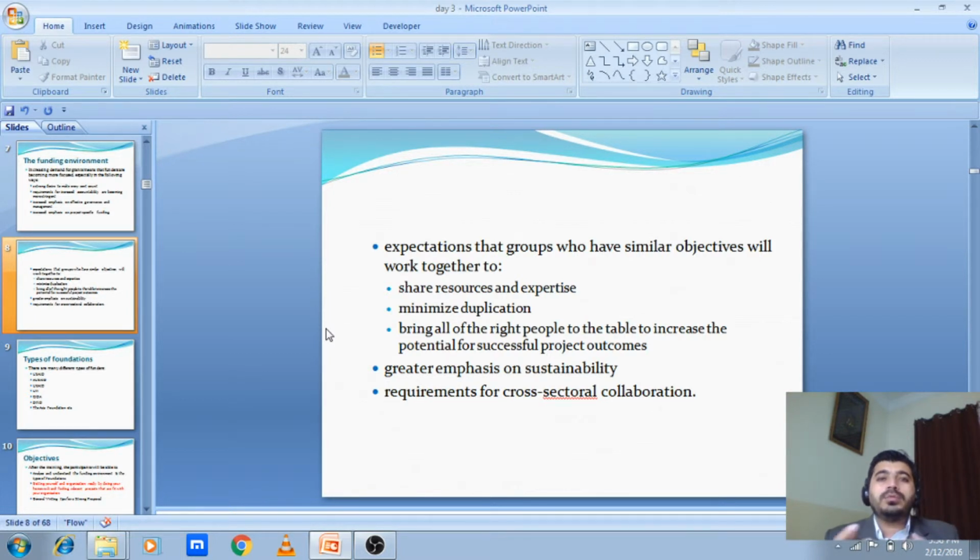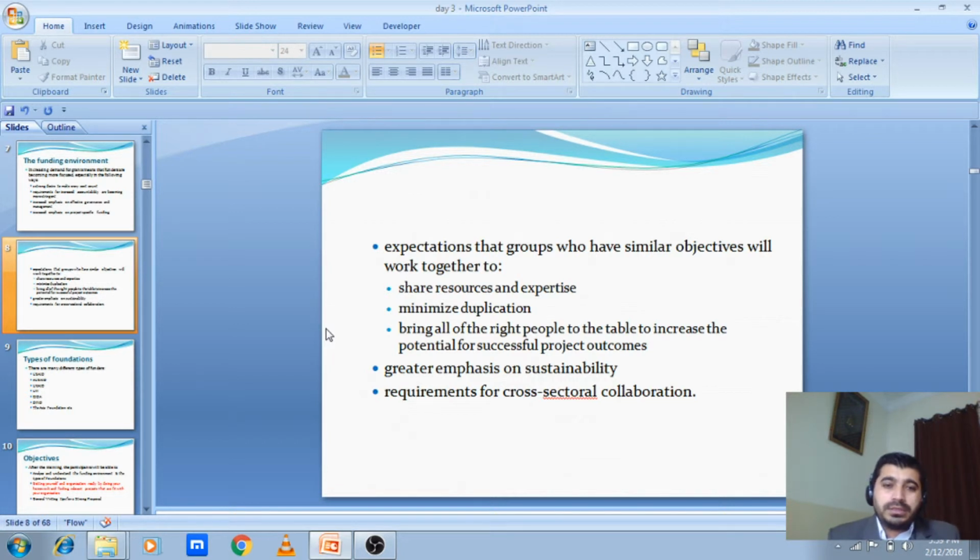So there was a lot of duplication of resources, and a lot of cases were reported that in some villages 5 or 6 social sector organizations and NGOs were working on the same kind of problems, whereas in other areas not even one organization reached. So people suffered a lot.